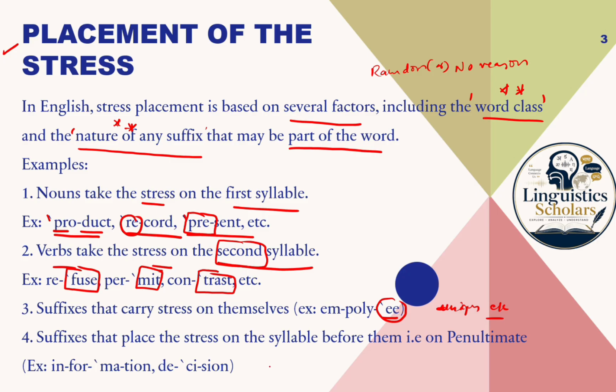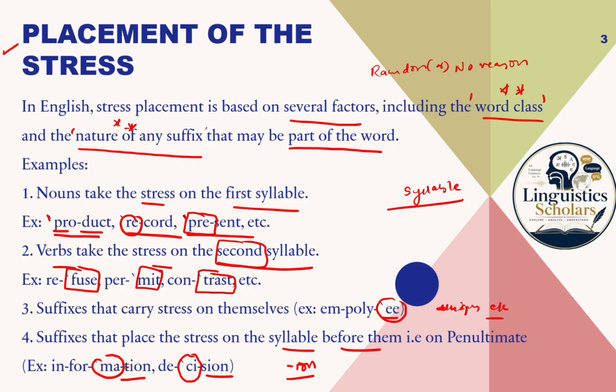Whereas with the suffixes such as nation, tion, ion, the stress falls on the syllable before them. As you can see here, we have information. Ion is added, but the stress falls on the syllable before it, that is ma. In the word decision, when the suffix ion is added, the stress falls on ci in decision. Okay, this is how you trace the syllables.